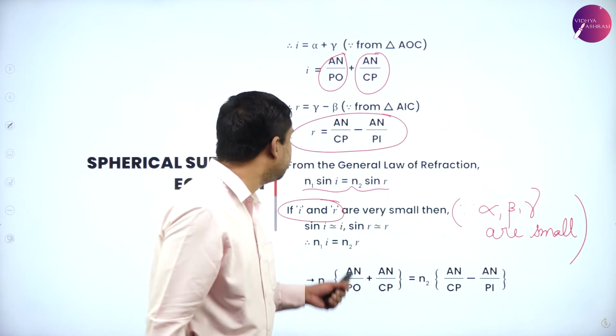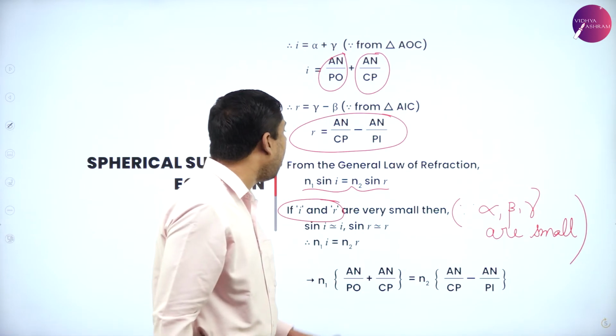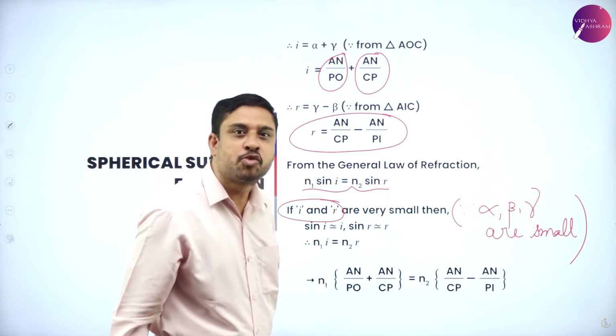The result of this is I and R are again small.